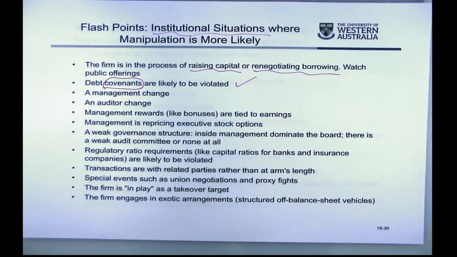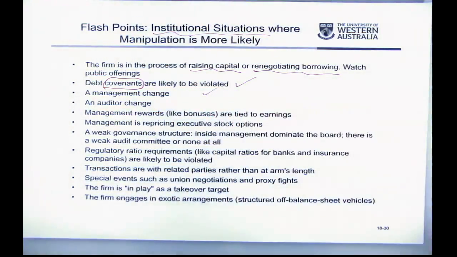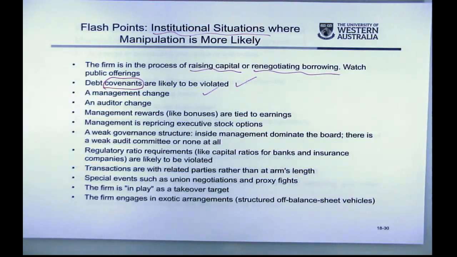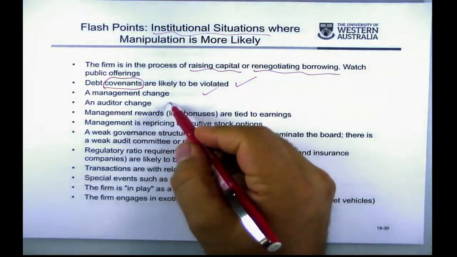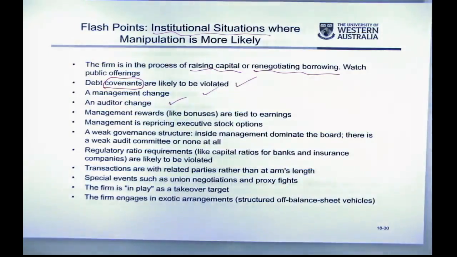A management change, maybe the new manager may try to manipulate the reports in order to prove himself or herself, or maybe the change was because of the old management's misbehavior or something like that. An auditor change also is a flashpoint.